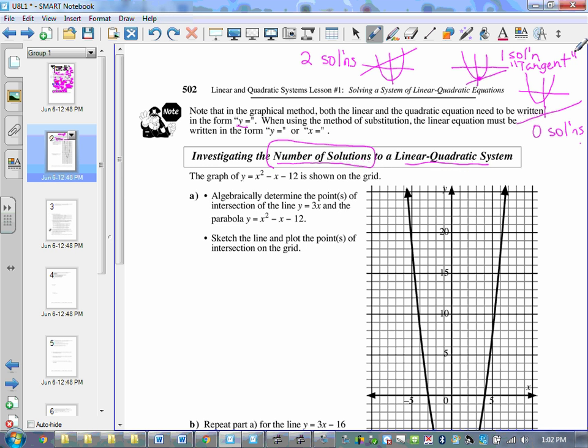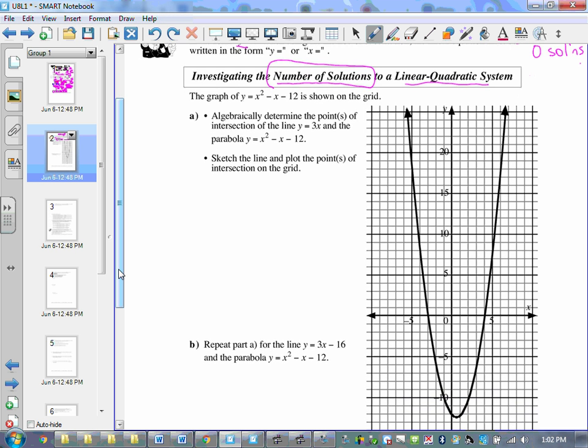Okay, so we're going to algebraically solve. We've got this graph shown. That's this one right here. We're going to algebraically determine the points of intersection to the line y equals x. So let's do that using elimination this time.